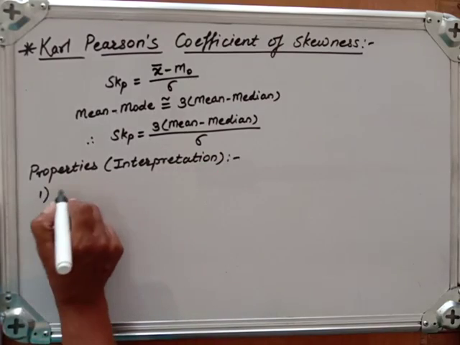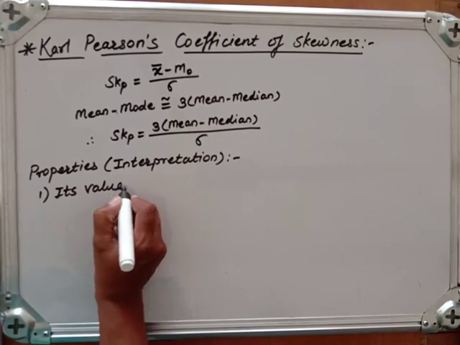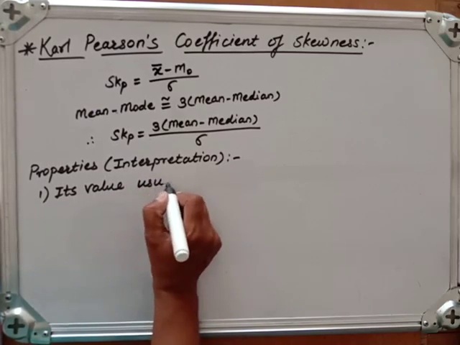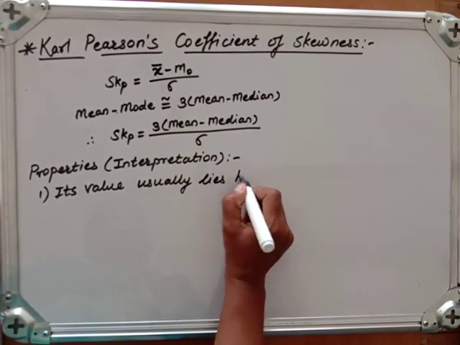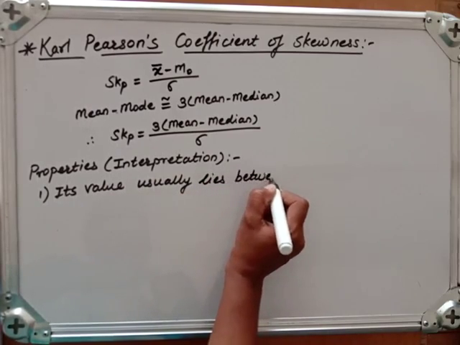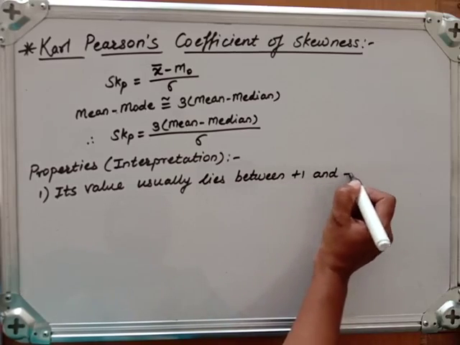The first one: its value usually lies between +1 and -1.